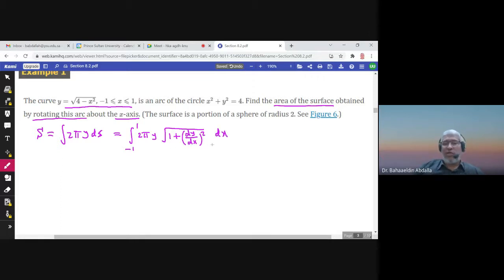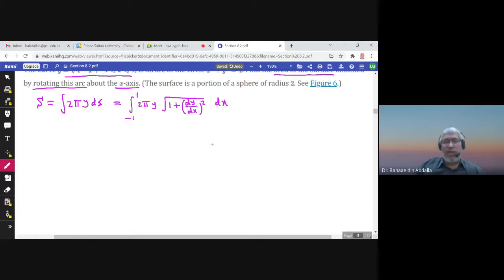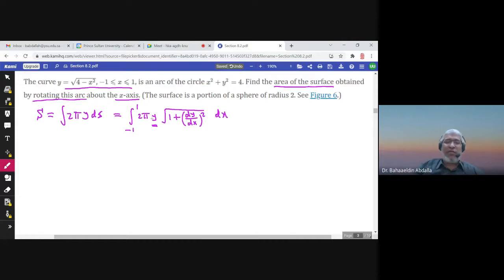So I will use the integral with respect to x. Well, now this is y, and the integral would be with respect to x, so I can't really leave it y. We know that y is a function of x, so you can either write it y or f of x.